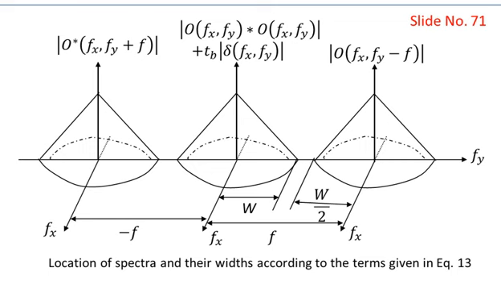The two terms which are unaffected are shown in the center, and the central width of these terms is 2w. You know that we have shown half of the width, which is w, and the other two terms, the O mod term and O star mod term, have a half width of w by 2, and the total width is w.